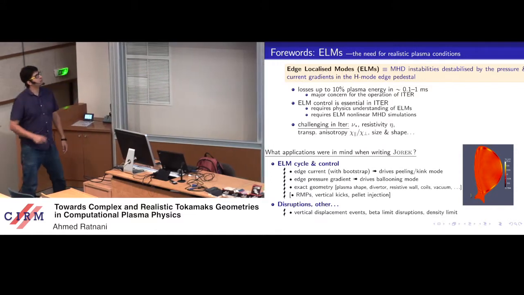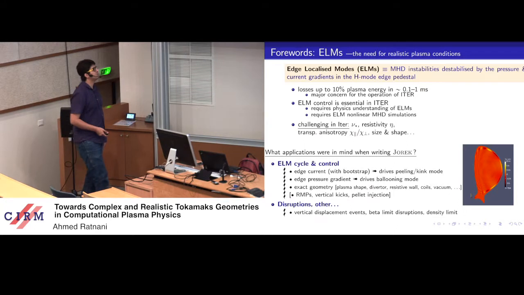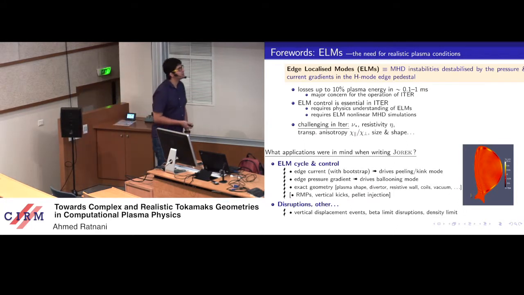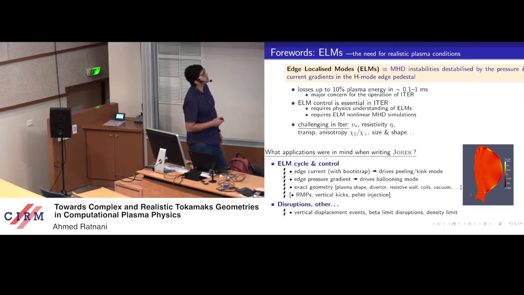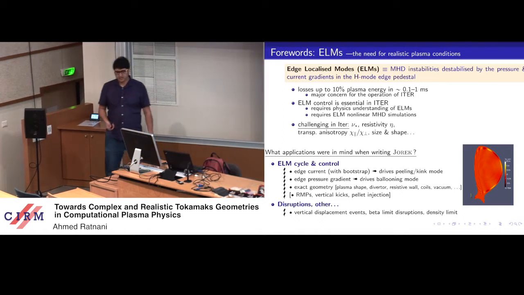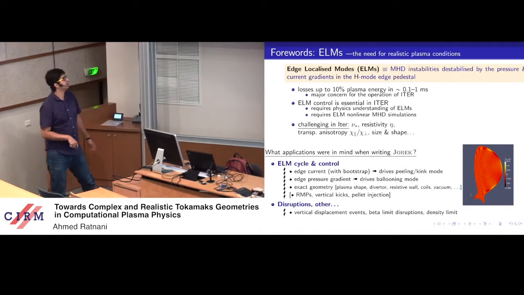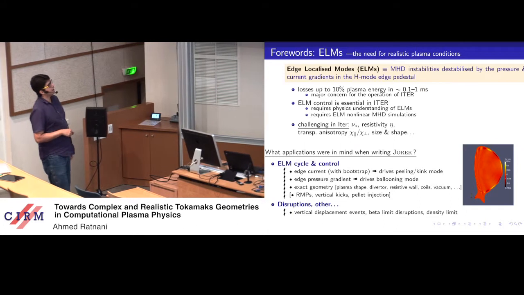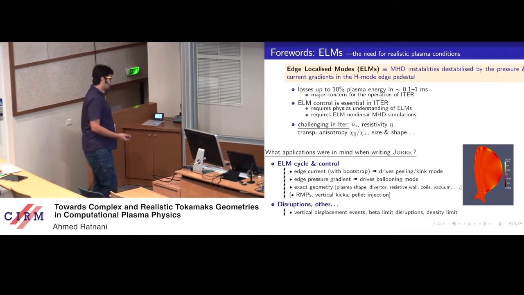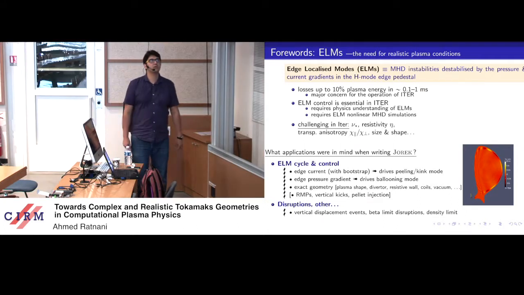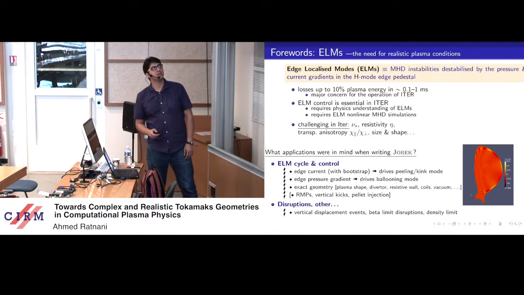So for physicists, they need to control the ELMs, essentially in ITER, and this needs a good understanding of the physics of ELMs, but also numerical tools in order to do this simulation.